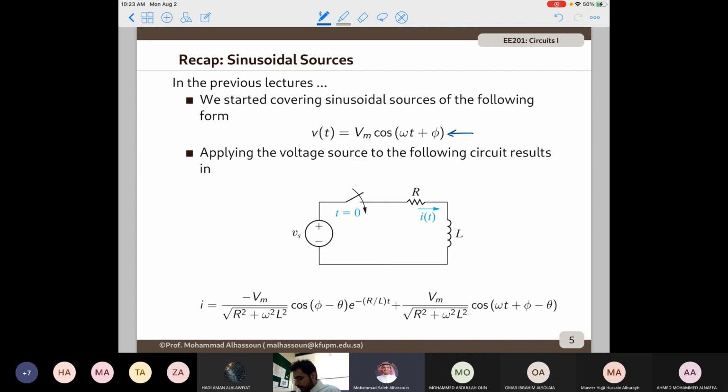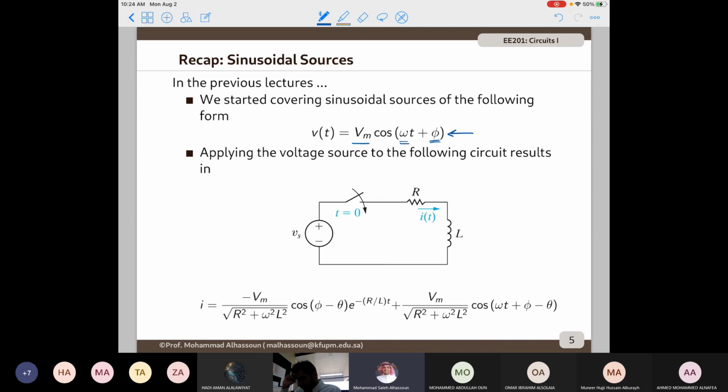In the cosine convention, you will have the amplitude, which is the maximum value that the source can achieve. You will have the angular frequency, the repetition of the cycles with respect to time, how fast the sinusoid repeats itself, and the phase angle. It controls the shift with respect to the origin.